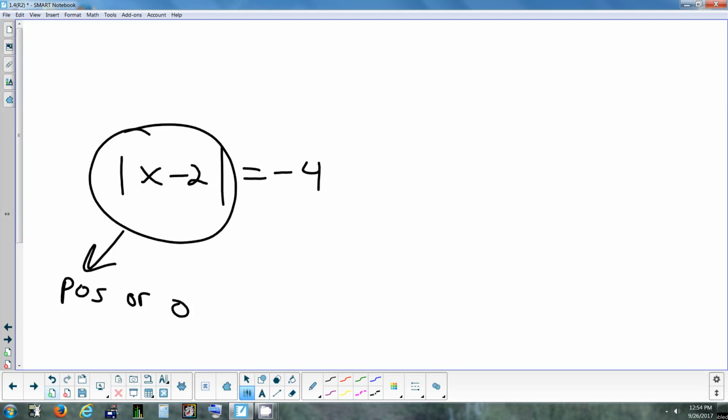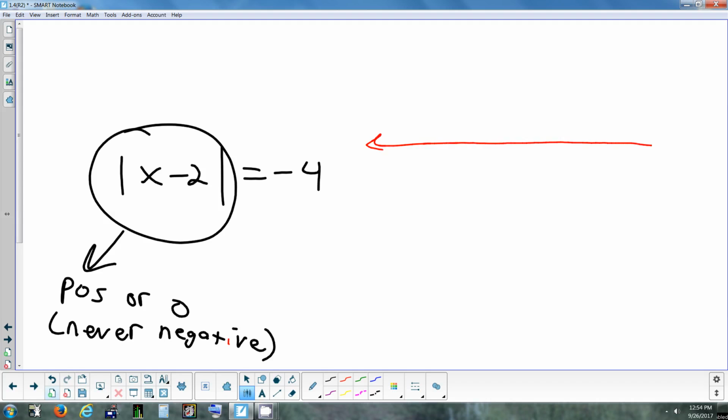So remember, we're measuring something. If I looked at -3 and 3, that's why absolute value is always positive.